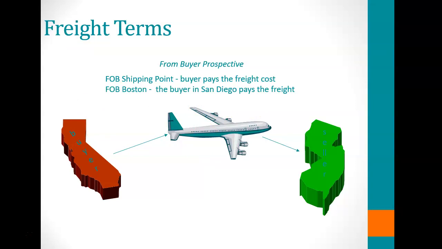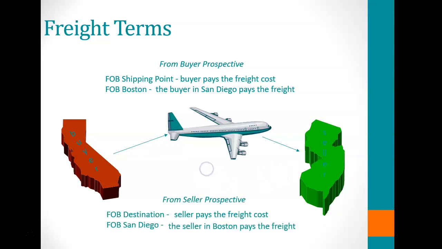In our illustration here, let's assume that the buyer is going to be in San Diego and the seller is going to be in Boston. If the terms are FOB shipping point, then the buyer has to pay the freight once the items leave the seller's location. So the terms are FOB shipping point, it means the buyer has to pay for the freight charges.